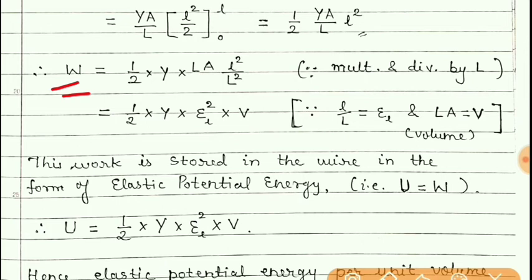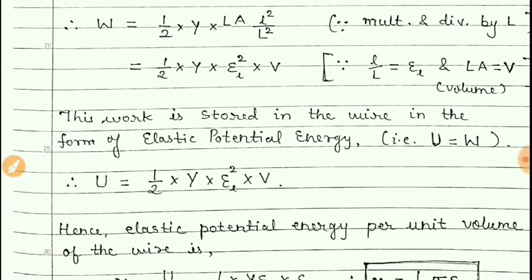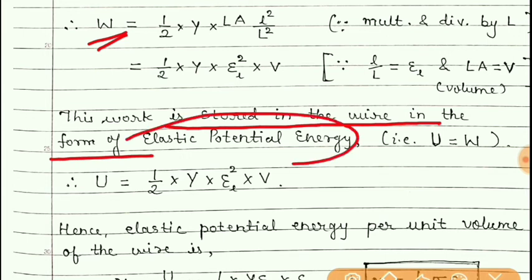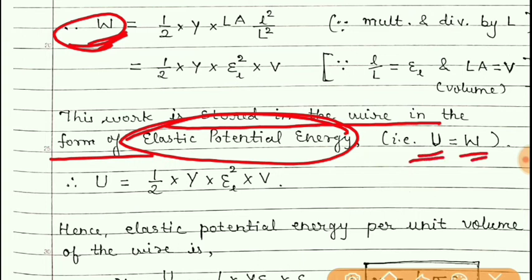So work done is nothing but half of Young modulus into strain square into volume. And this work done is stored in the wire in the form of elastic potential energy. That is, W is nothing but U only. So we can write U is equal to the same as this.